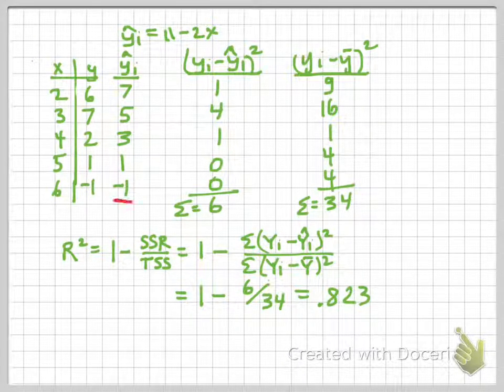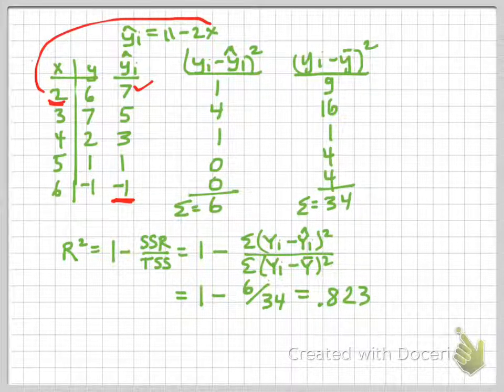So we're going to calculate the predicted value of yi. If x is equal to 2, we plug this 2 into the equation, and we get 11 minus 2 times 2, 11 minus 4, so we get predicted value of y 7. If x is equal to 3, we have 11 minus 2 times 3, 11 minus 6, so the predicted value of y is 5.